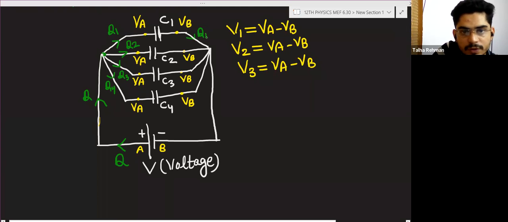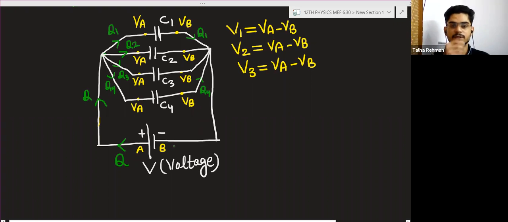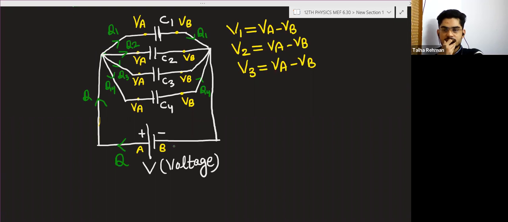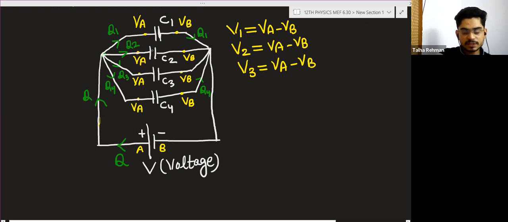Here is charge Q2. Here is also charge Q3. Here is charge Q4. Here the charge is divided. Why? Because of these branches.